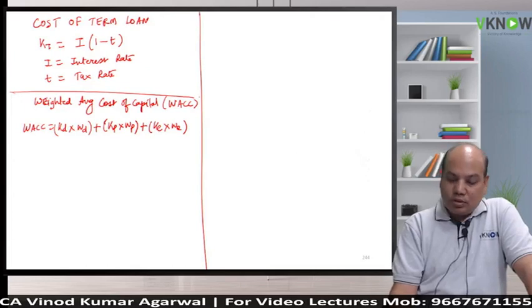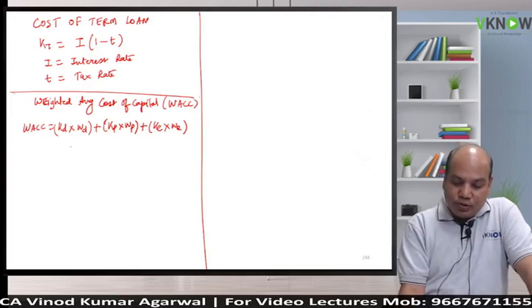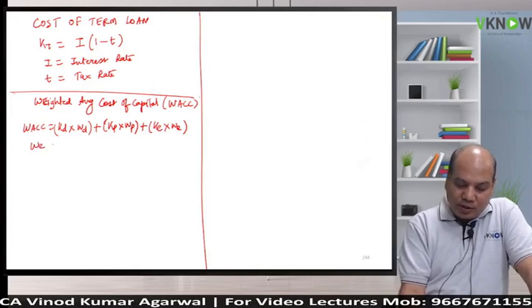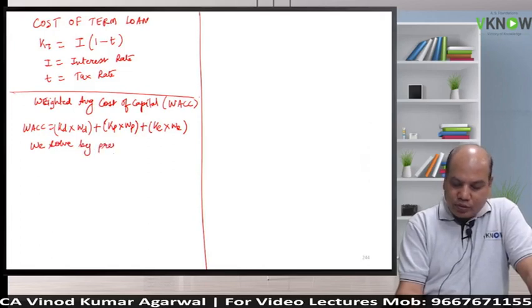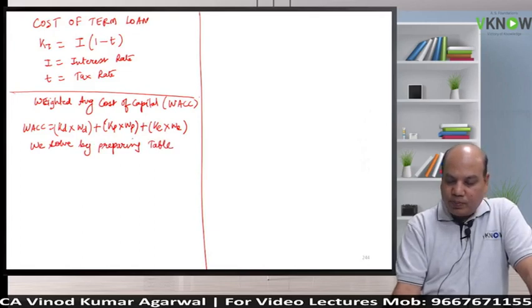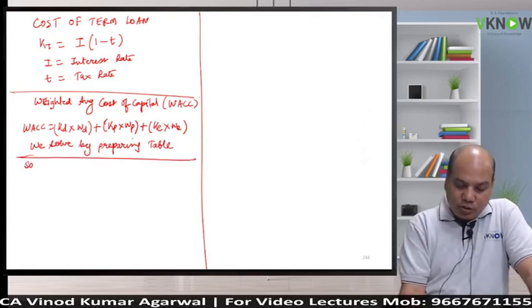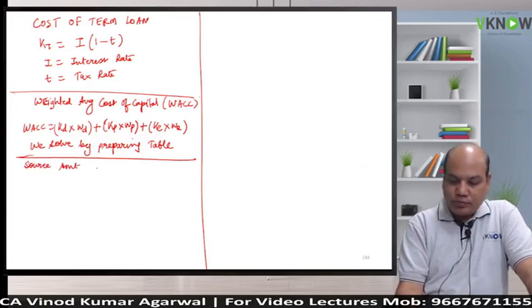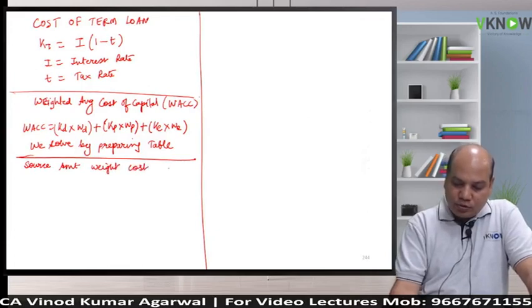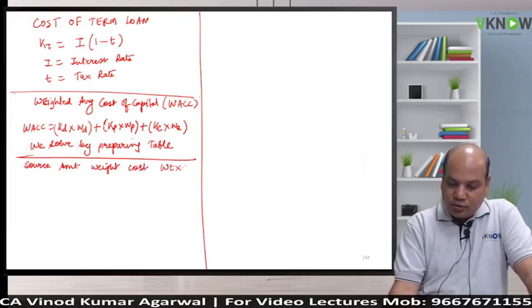Okay. And how do you usually solve? We solve by preparing a table. Either you can use the formula or you can prepare the table. How many columns will we draw? Source, amount, weight, cost, weight into cost.